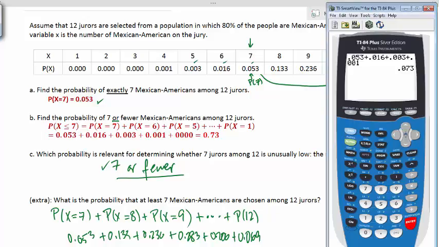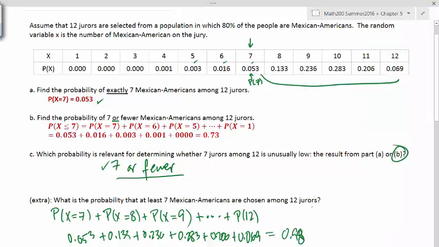Okay, let's find that in our calculators. We start off with 0.053 and then we'll add the rest. So here are all the terms that I'm adding up. Let's press enter and we're going to get 0.98.